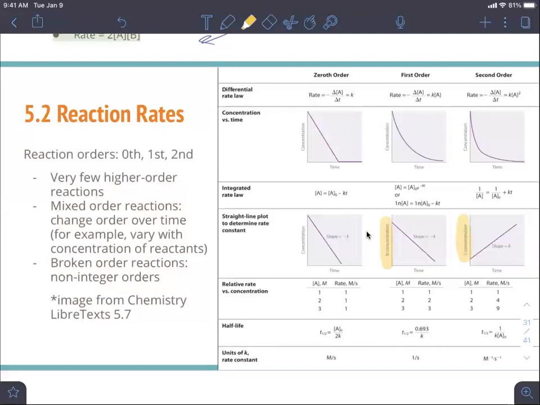There are different half-life equations for each reaction order. There's a derivation for these, but it's a lot easier to just look at the relationships. Here you can see that this is the concentration over 2K. First order is 0.693 over K. You don't need to know the 0.693, just know that it's something over K. The next one is 1 over K times the reactant concentration.